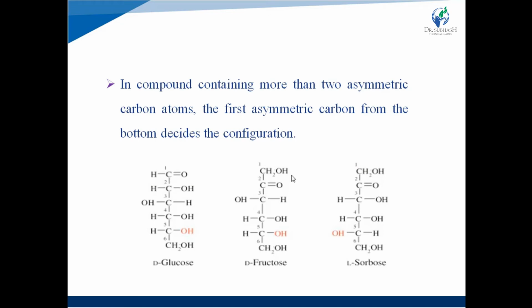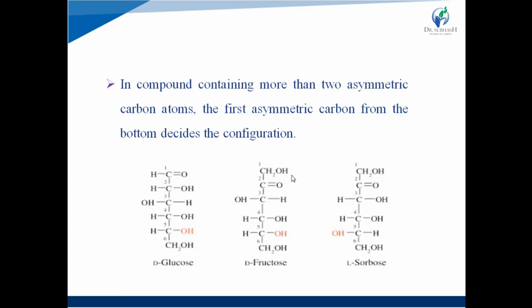Now, in many optically active compounds, two or more chiral centers are present. In this type of compound, the first asymmetric carbon from the bottom decides the configuration. For example, D-glucose has 4 chiral centers and all contain the OH group, so consider the OH group present on the lowest chiral center from the bottom.